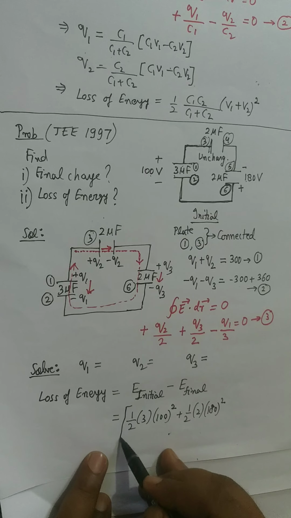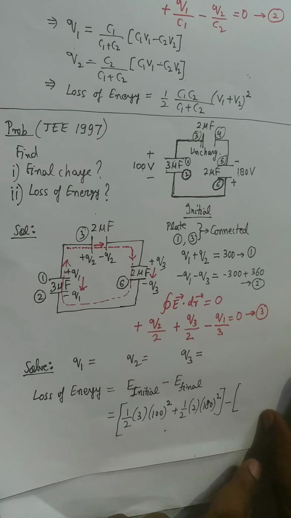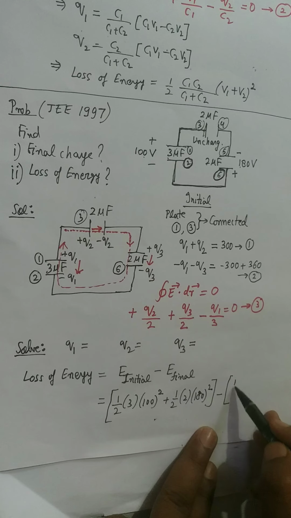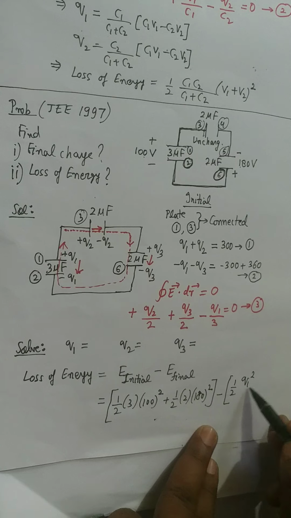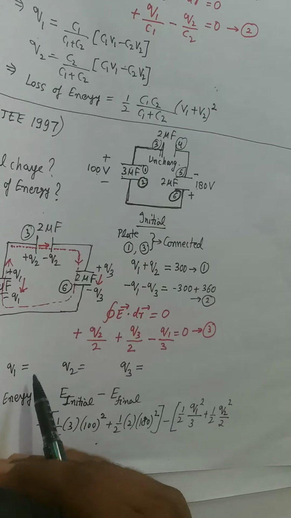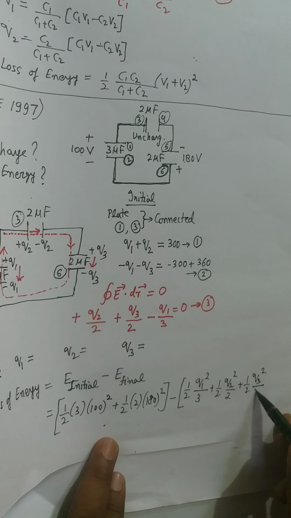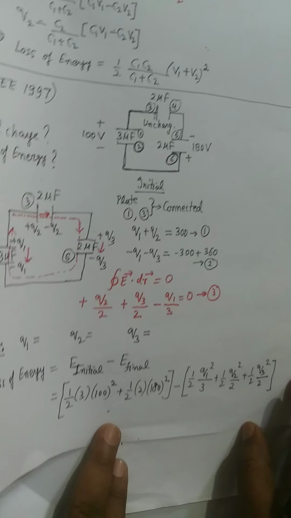And now in the final stage, we have Q1, Q2, Q3 as the charges. So it will be half Q1 square over 3 microfarad plus half Q2 square by 2 and half Q3 square by 2 as the final energy.